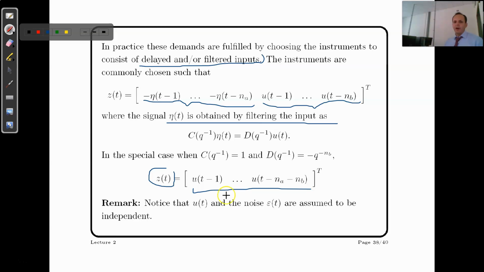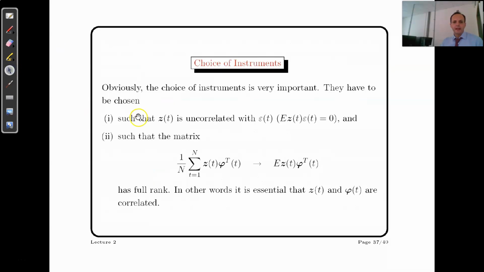Again, it's essential that the instrument Z is correlated with phi. So this is the trick.